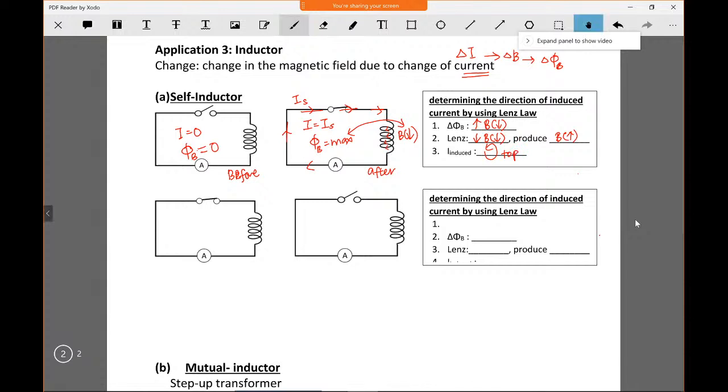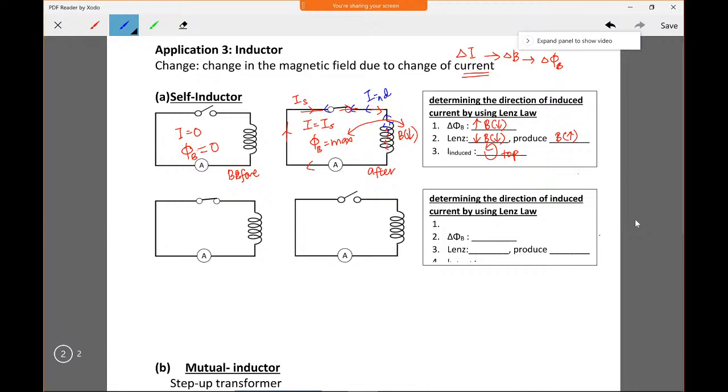If I draw the induced current in my diagram, anti-clockwise coming out from my inductor, this blue color will be my induced current.